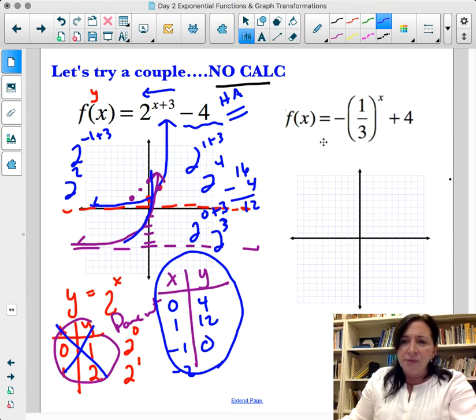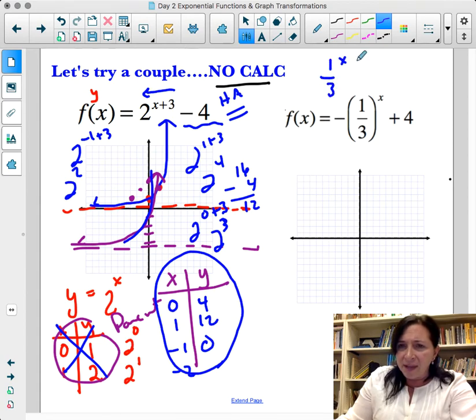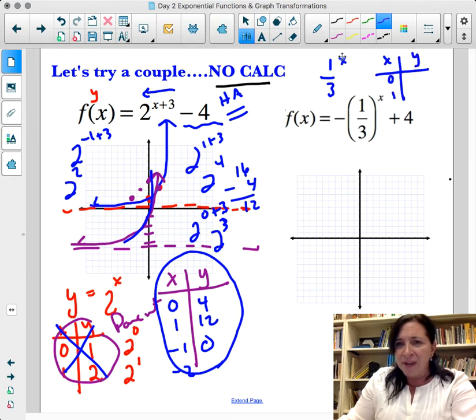Okay. So starting with this graph right here, I would start with my parent graph, which is 1 over 3 to the x power, and I would plot my 2 favorite points, 0 and 1. So if I plug in 0, I get 1/3 to the 0 power, which is 1, and 1/3 to the 1 power is 1/3.